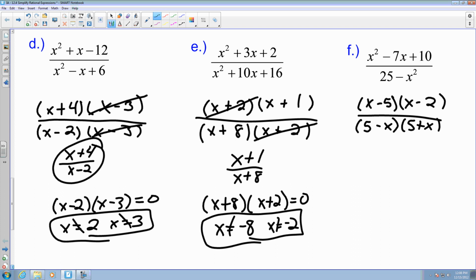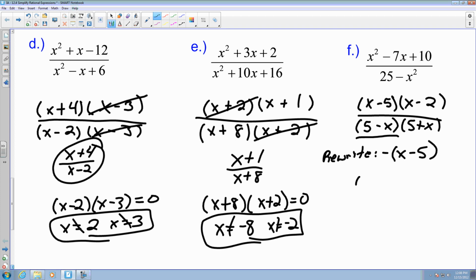But let's take a closer look at this 5 minus x. I can rewrite this as negative x minus 5. So all I'm doing is just distributing out the negative value and making the x positive, and then making my positive 5 negative.